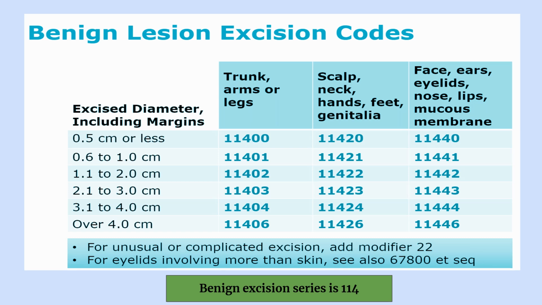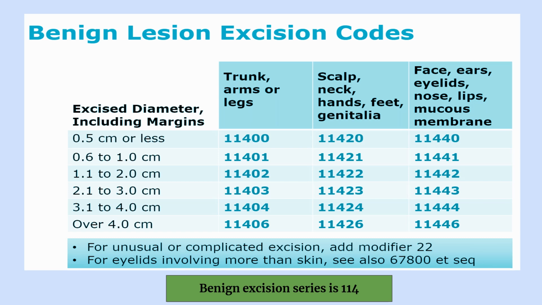I have put them into the chart, and remember what is written here is the excised diameter including the margin. Whenever we are coding, we need to find out whether the excised diameter is given or the lesion diameter is given. If the lesion diameter is given, I need to add the margin. But if the excised diameter is given, I don't have to add anything.